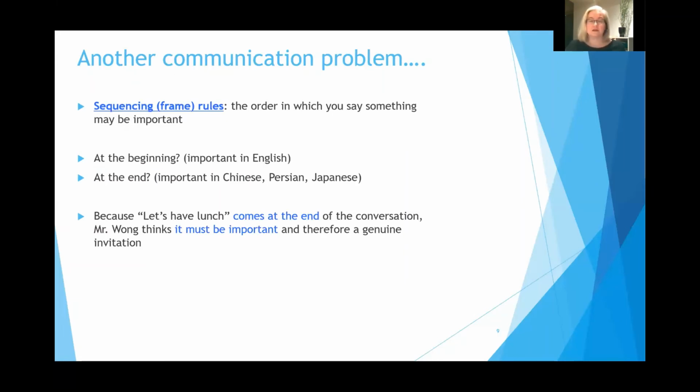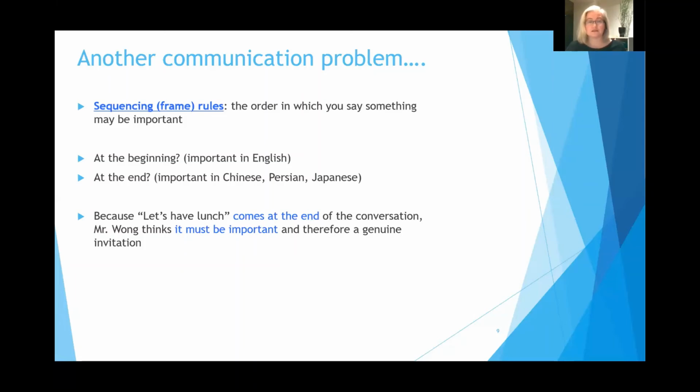Now, if we look at this dialogue a little bit further, we could also perhaps draw the conclusion that one of the problems here has to do with sequencing, or in other words, the order in which you say something may be important. So it's not the words themselves, but rather what comes first and what comes last. So perhaps you're aware of this, but in English, for example, it's very common for the most important point to be mentioned at the very beginning of a conversation.